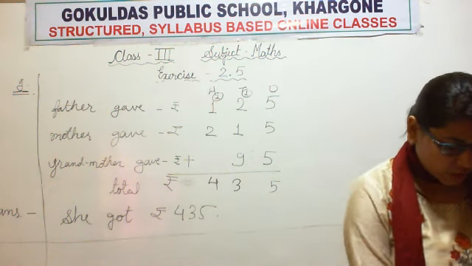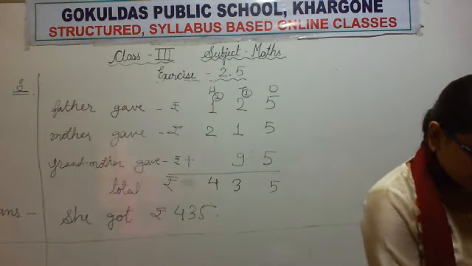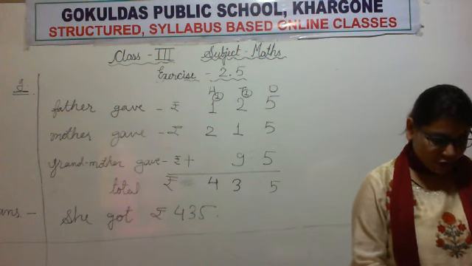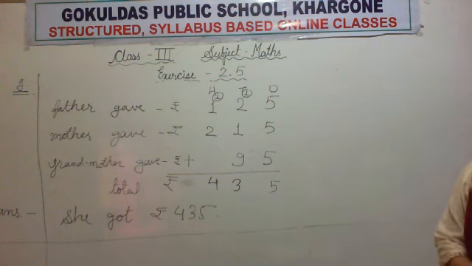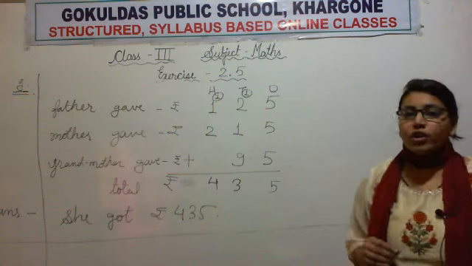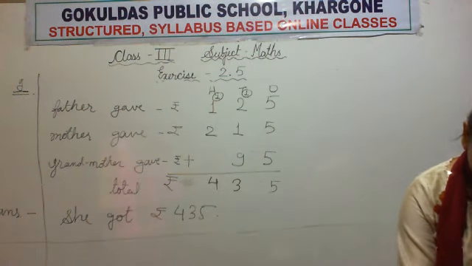What is the first rule? The very first rule is reading the question very carefully and getting the information about what is given there and what we have to find.